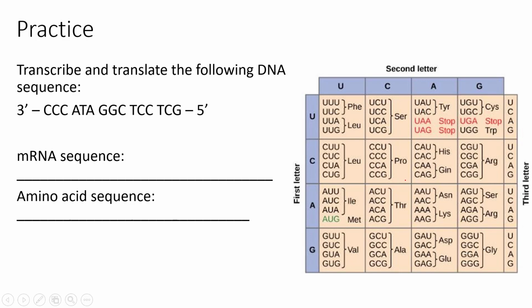And then that messenger RNA leaves the nucleus where it enters the cytoplasm and binds to ribosomes, where the tRNAs transfer in the corresponding amino acids based on the sequence of the mRNA.